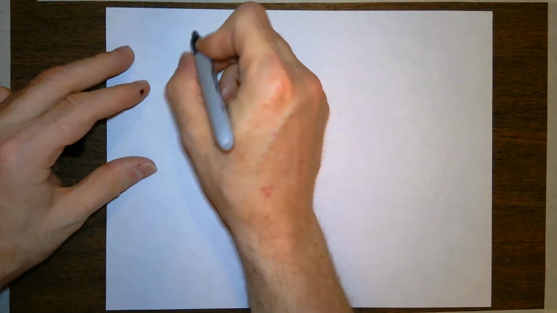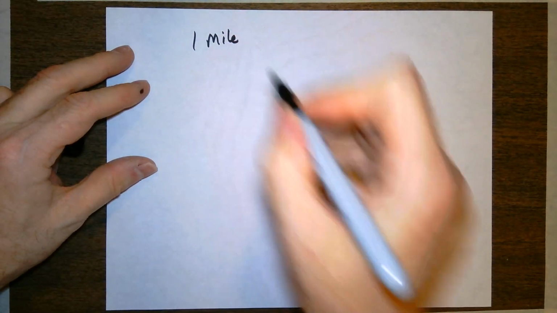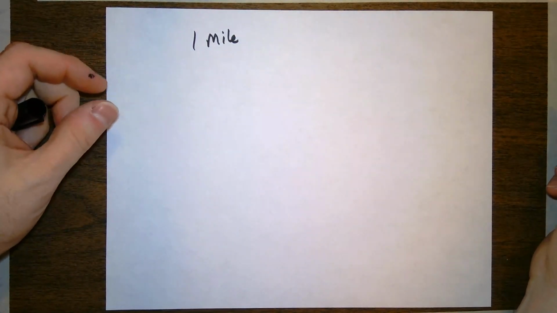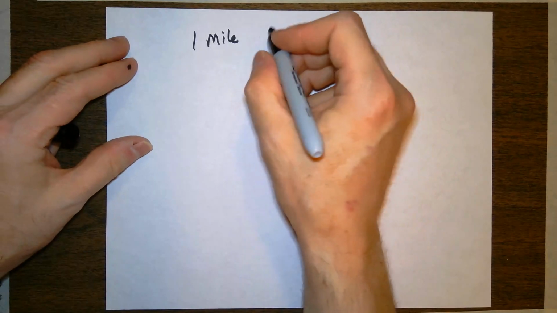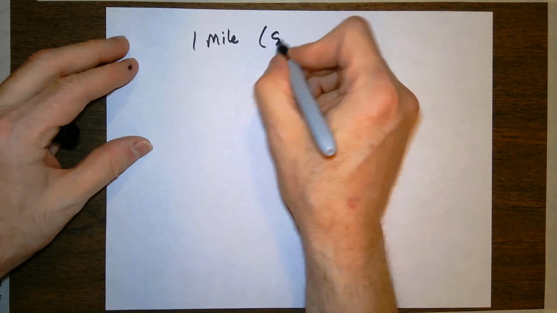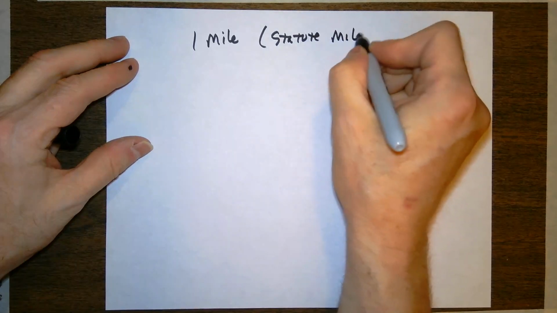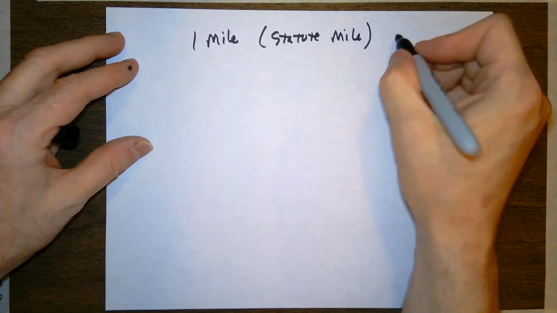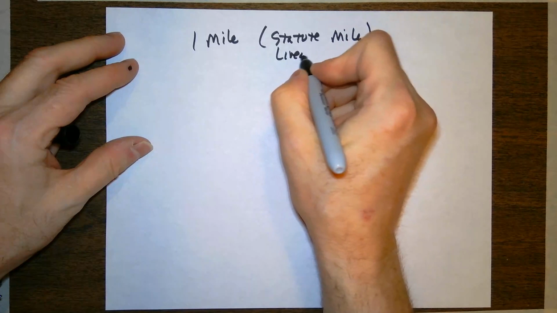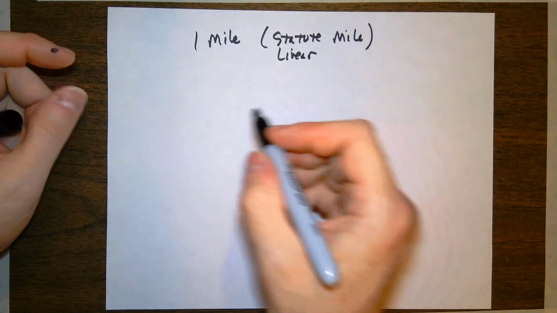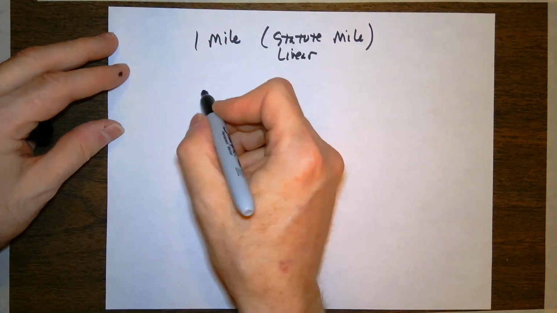Let's look at another application. And I want to consider a mile. 1 mile. We know that 1 mile is about 5,280 feet. And this is the linear or the statute mile. 1 linear mile. 1 nice straight mile. But the Earth is a curved surface.